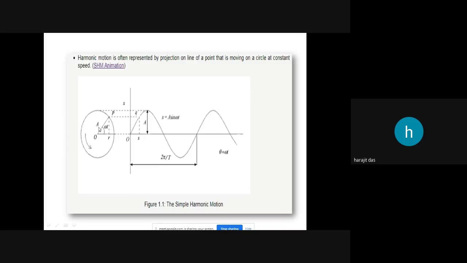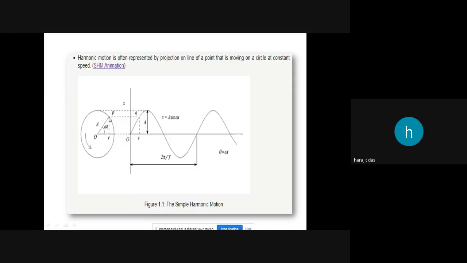This angle is theta, so theta equals omega t. Let us consider the particle reaches this position, P. If you draw the projection here, and from here draw the perpendicular, it will be QS, and from here the perpendicular will be PR. Here it will form one triangle OPR.